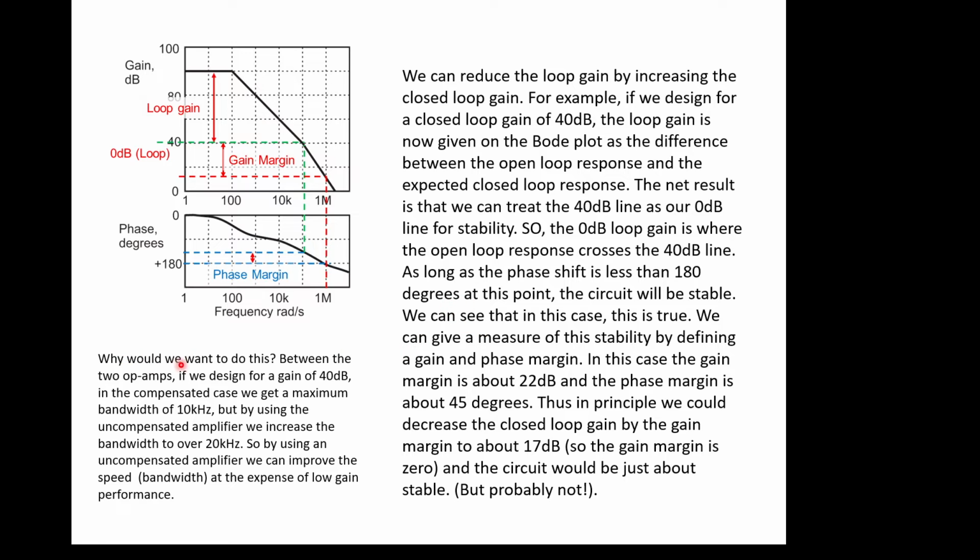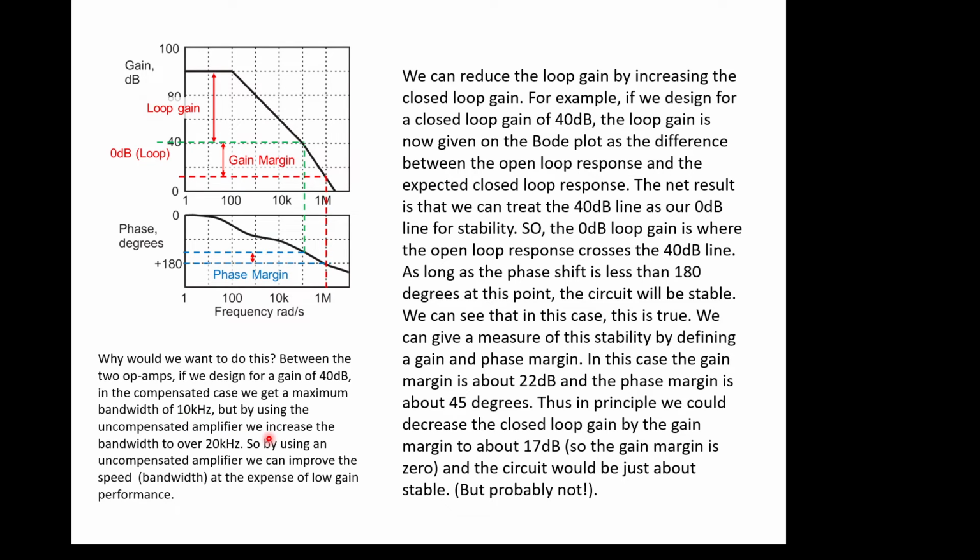But why do we want to do this? Between these two op amps, one is the op amp that's got this uncompensated response, and the other one is the one we just looked at, the 741, which had a falling away at 10 Hz, so we've got a lower gain response. If we were to design for a gain of 40 dB, so a gain of 100, in the compensated case, the one with the roll-off at 10 Hz, we get a maximum bandwidth of 10 kHz, which is what we spotted on the previous slide.